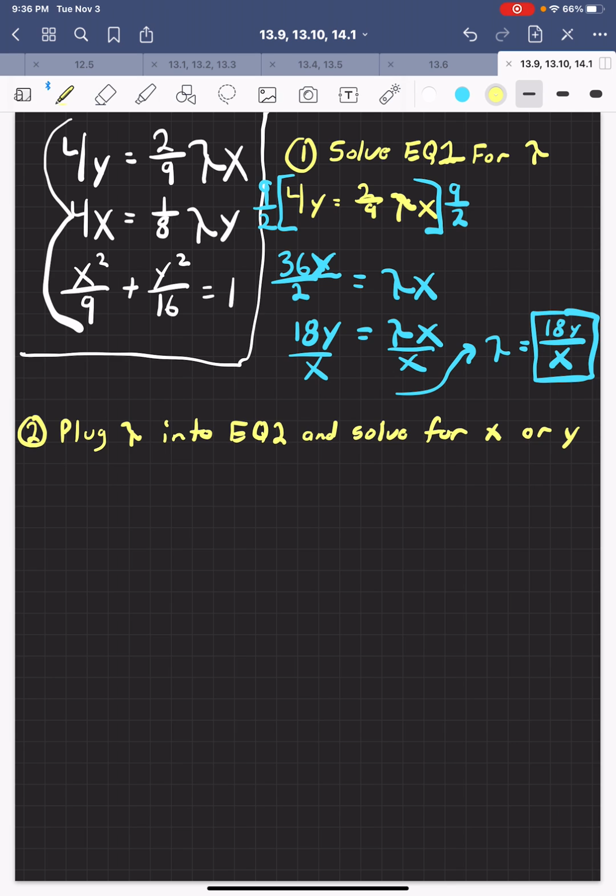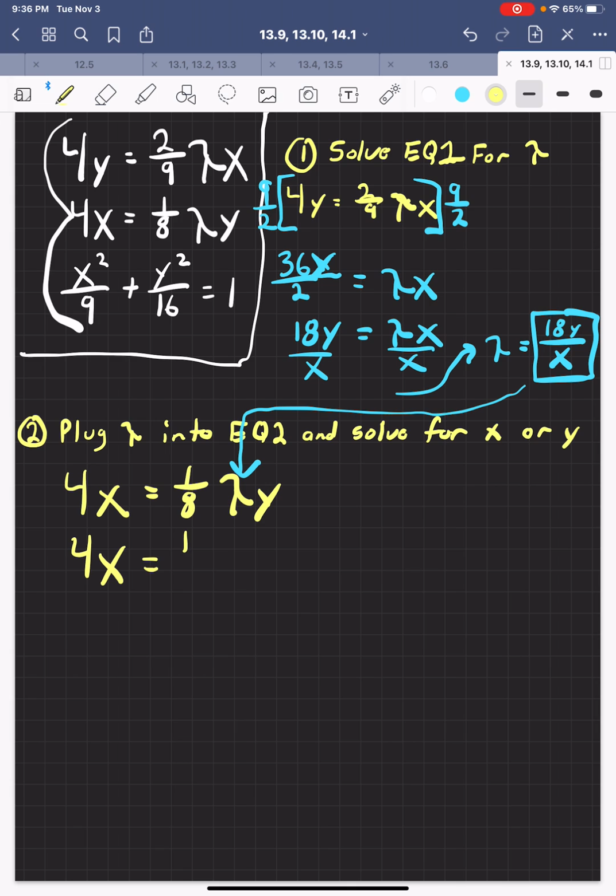So we got 4x is equal to 1/8 lambda y. I'm subbing in for lambda, so now I have 4x is equal to 1/8 times 18y over x, times y.